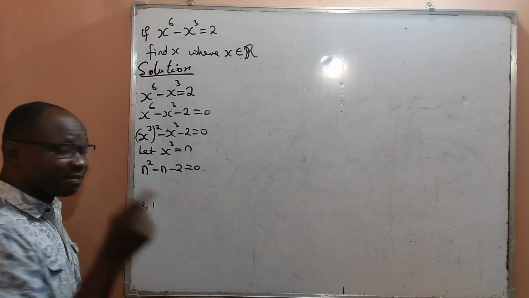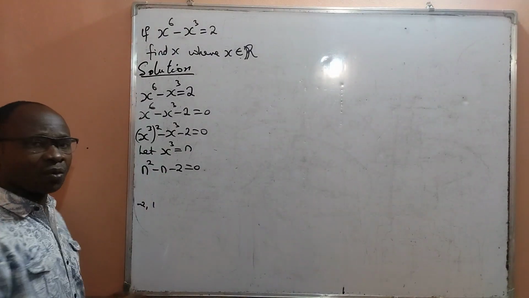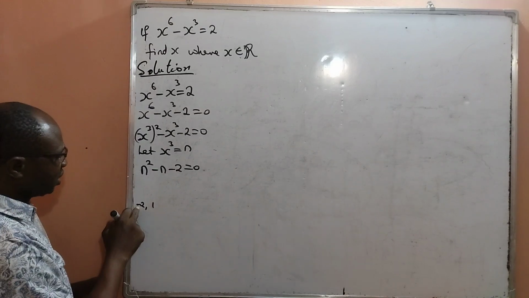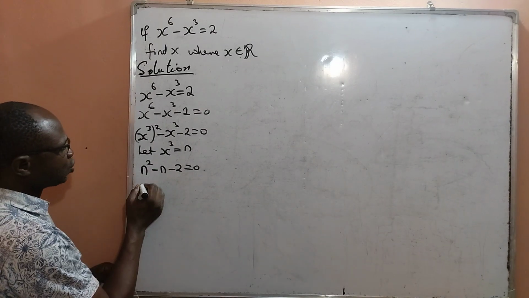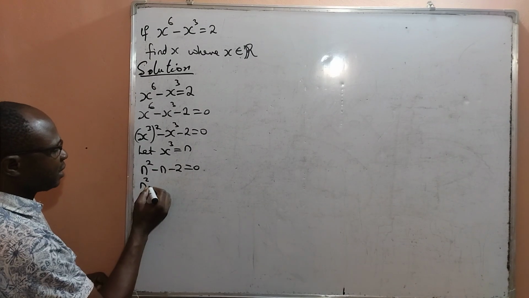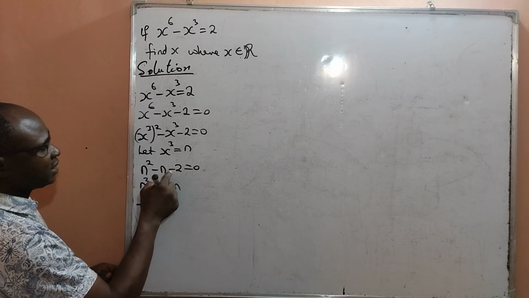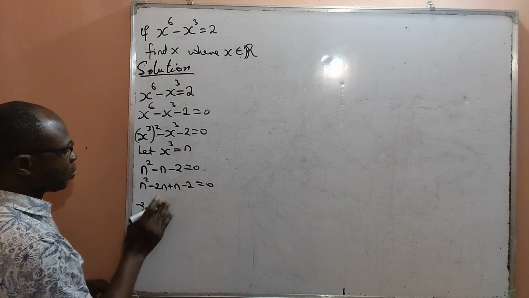So these two values can be used in factorizing the quadratic equation. Therefore, I will replace minus n with these two values to give me n squared minus 2n, then plus n, then minus 2 is equal to 0.